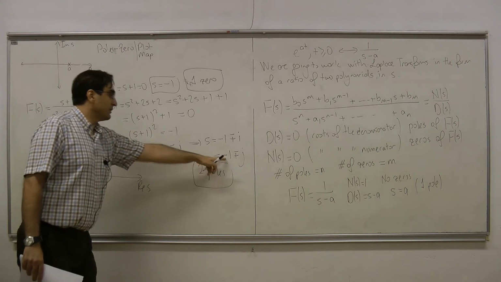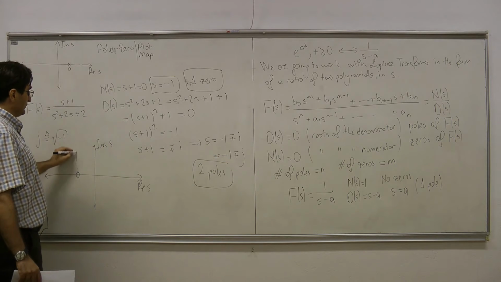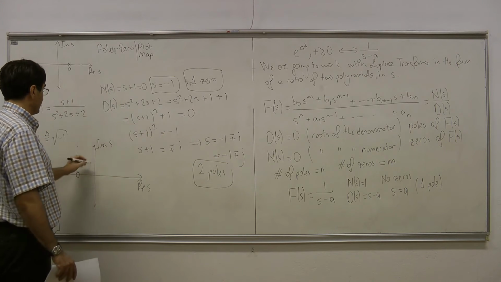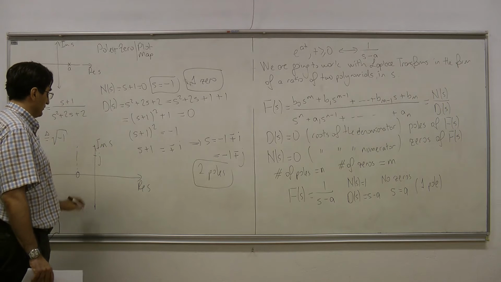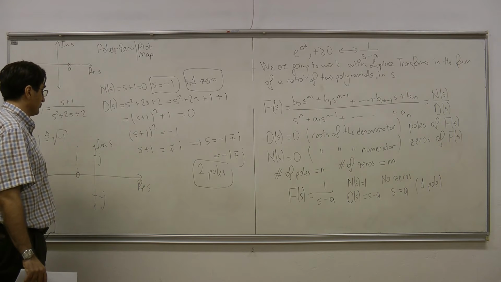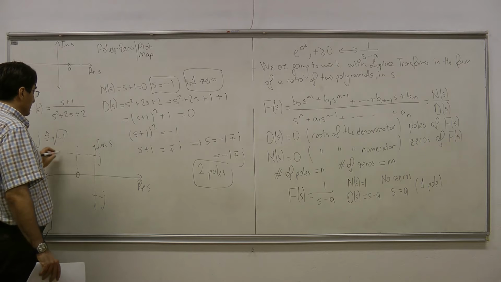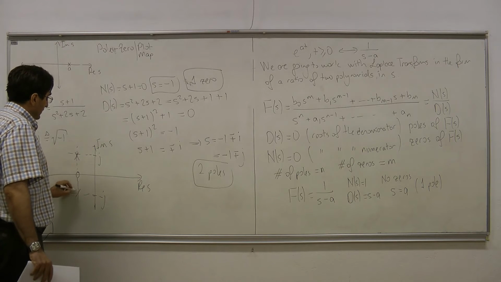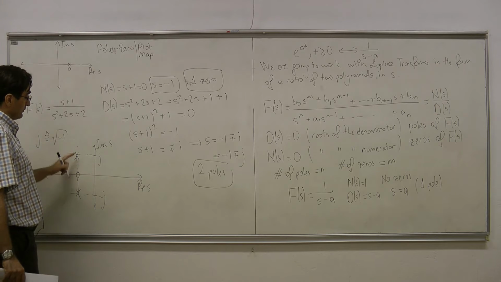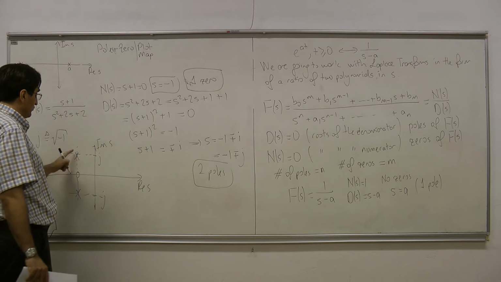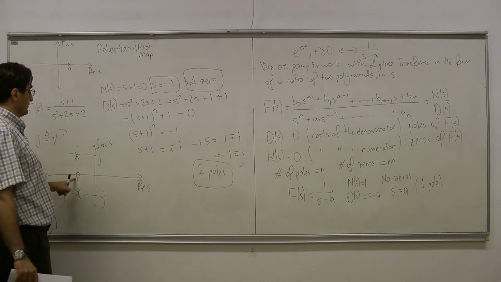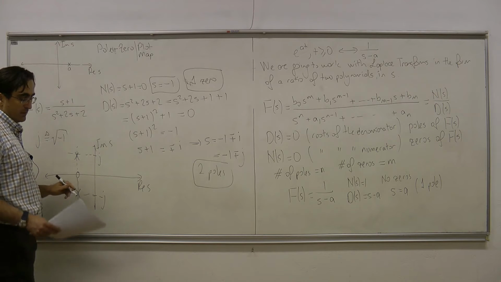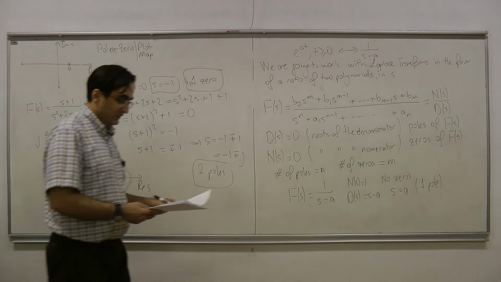So the real part is minus 1, and the imaginary part is plus or minus j. So this point is j, this point is minus j, and this is the imaginary axis. So I have 2 poles located at the complex conjugate locations here, minus 1 plus minus j, and I have a single zero located at minus 1. All right?